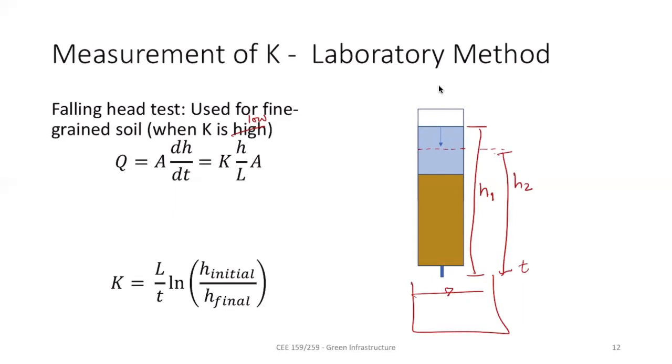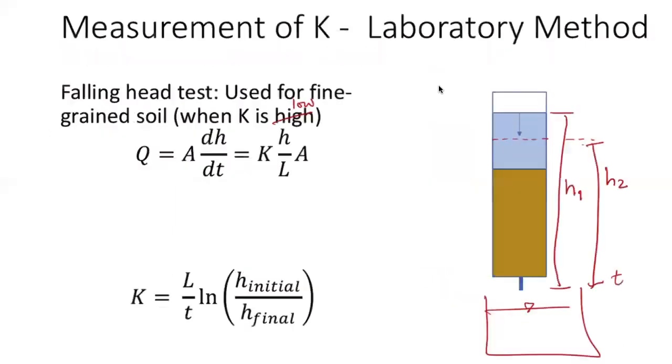So this is H1, H2. Again, you can see these equations can be derived from here. If I do the derivations very quickly, dH over H would be K over L times dt.